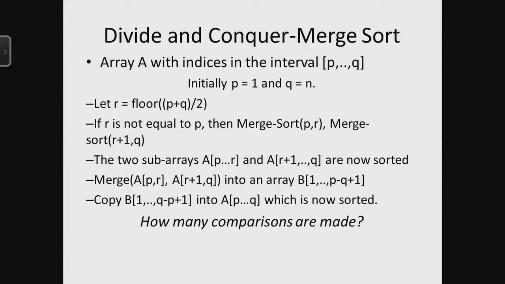The algorithm takes a middle element in the given array. It computes the index r, which is the floor of (p plus q) by 2. In other words, the sum p plus q divided by 2 gives the middle index in the array, and we take the floor just in case p plus q is odd.